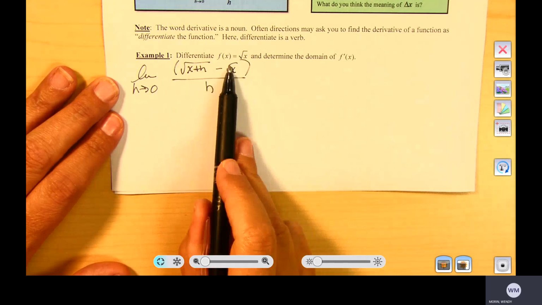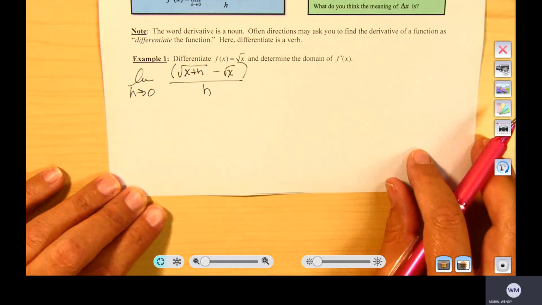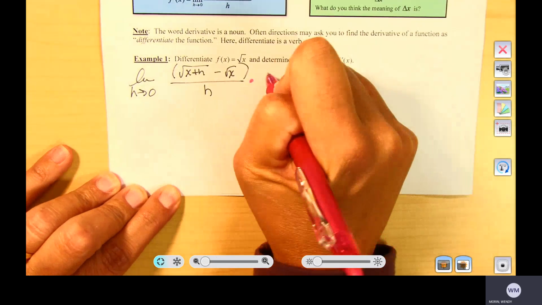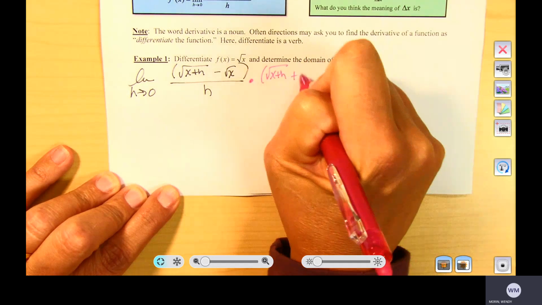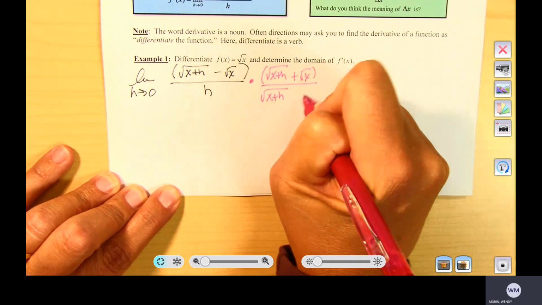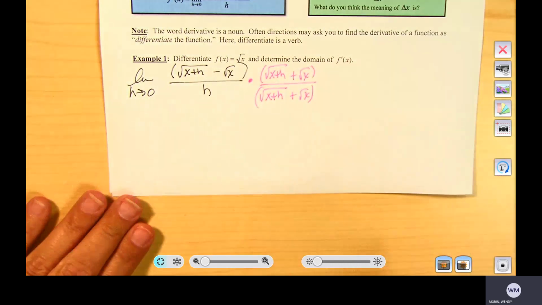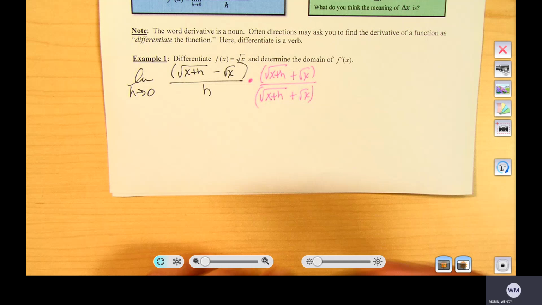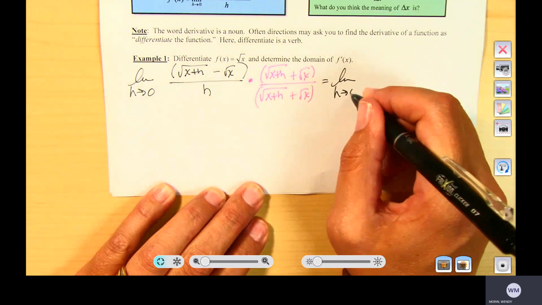Well, these square roots, you should think of your algebra: multiplying by the conjugate. So we're going to do that. The square root of x plus h plus the square root of x, all over the square root of x plus h plus the square root of x. When we multiply, we get the limit as h approaches 0.